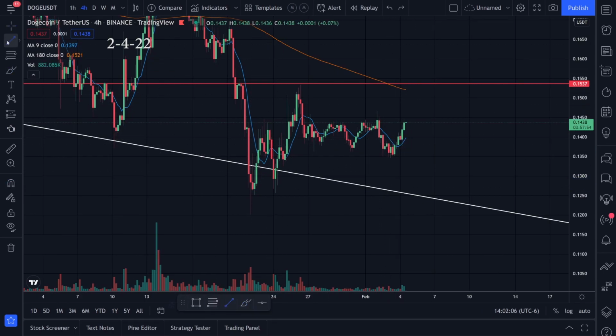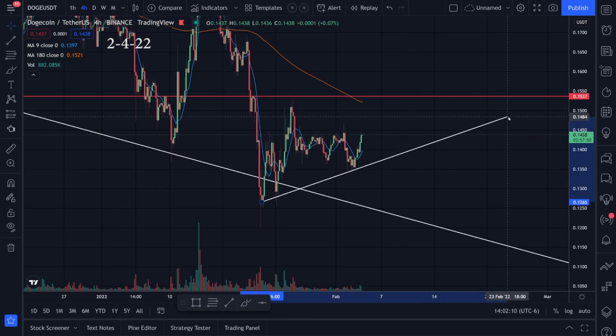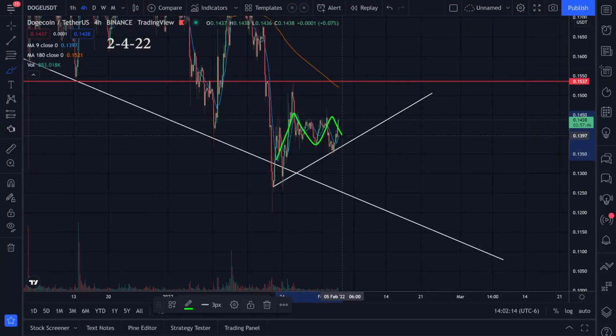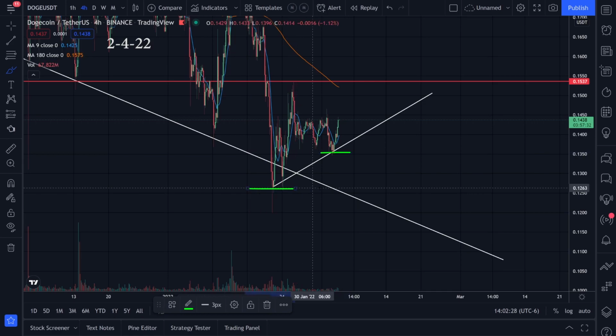Let's go ahead and draw another uptrend, something like this. We can kind of watch this uptrend as a support line. If we break it, then we might be looking at the bottoms again. The bottoms right here around 0.135, and the bottom right here is around 0.126.